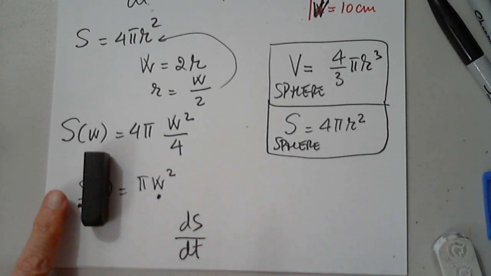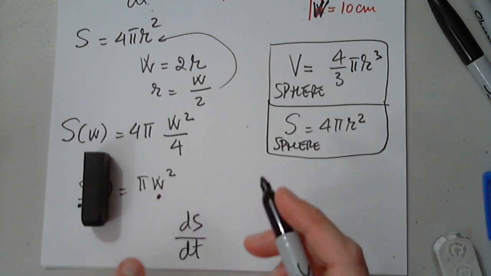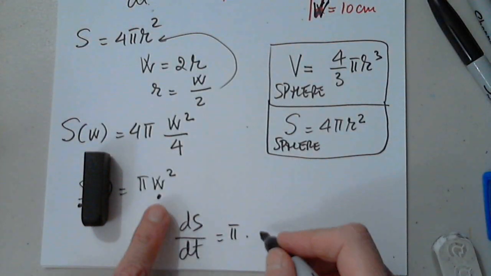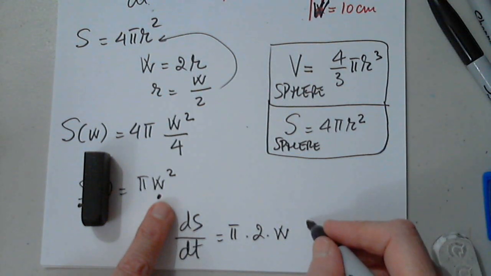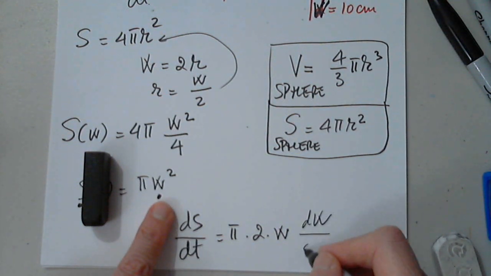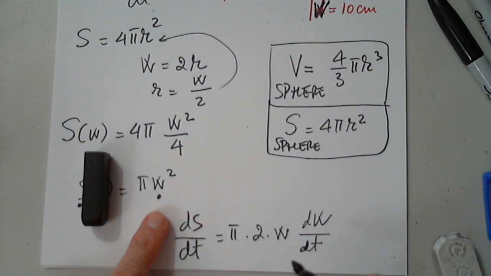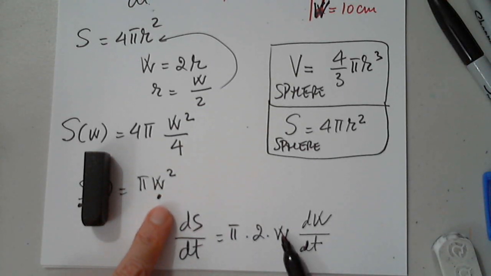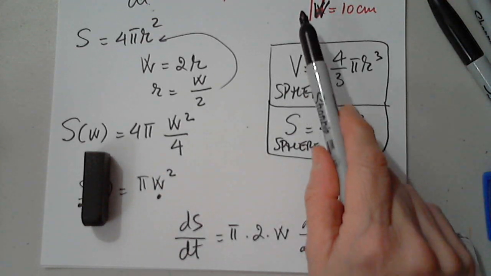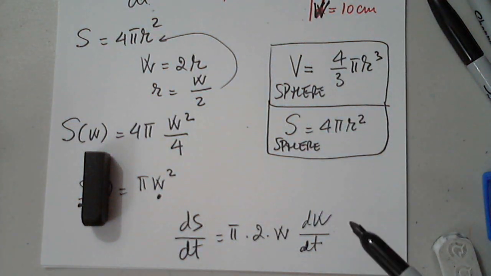Okay, so ds over dt equals pi to W and then dw over dt, because when I differentiate a function of a function, I bring down 2, I subtract 1 from the power, times the inner function prime. So this is what they're asking us to determine.